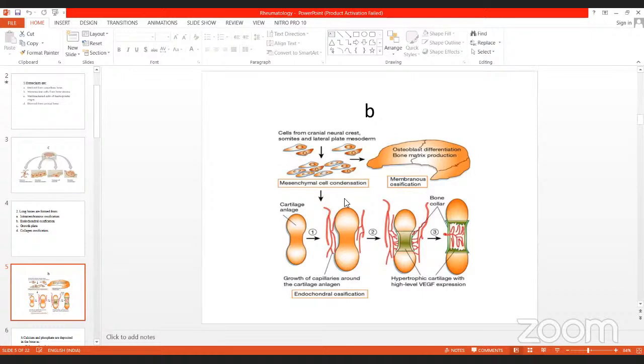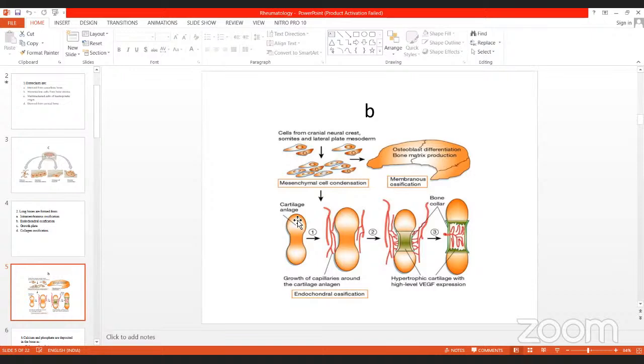Mesenchymal cell is responsible for the formation of flat bones, that is, bones of the skull, and endochondral ossification, that is, from the cartilage, is responsible for the formation of long bones. Okay, please remember, and also remember about collagen.